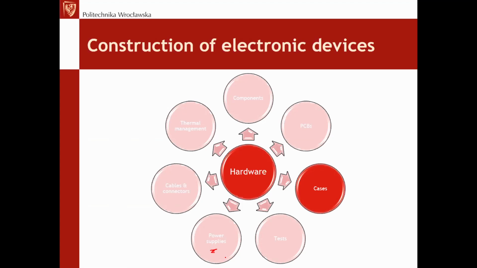With cases, it's not as critical, yet if you want to build something that will be used by some non-professionals, or as a standalone device, then it turns out that the proper design of the outer case matters, including the required characteristics of the object: proper thermal management, proper EMI, so electromagnetic interference, the placement of antennas, and as well the human-machine interface, like displays, buttons, switches.